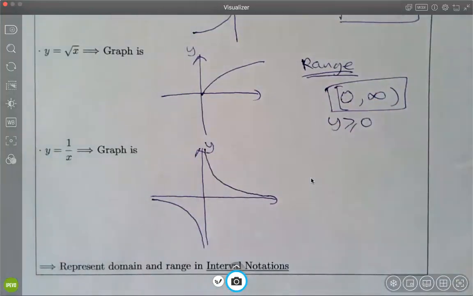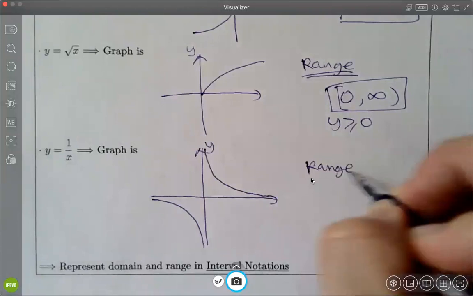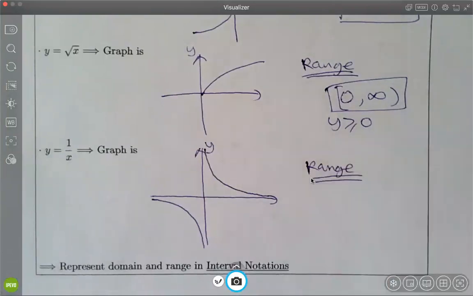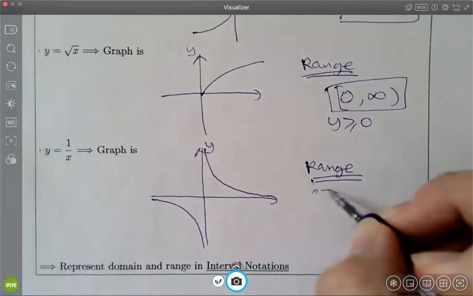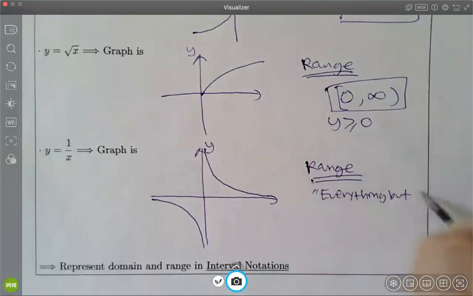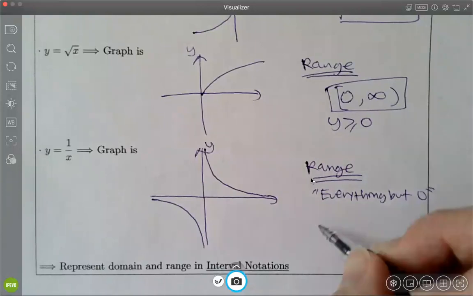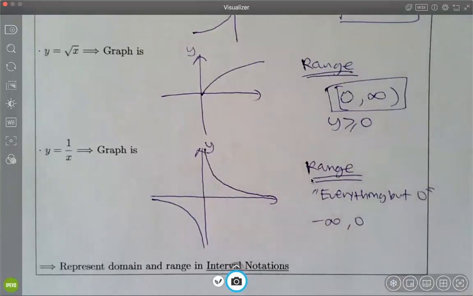Okay, now here, what seems to be the range? Negative infinity to infinity. Everything? Not quite, but close. Everything except one value. 0. 0, yes. Okay, so the range is everything but 0, which means negative infinity, comma 0, and what are the symbols?